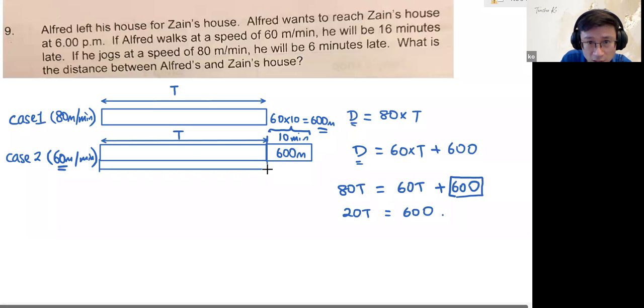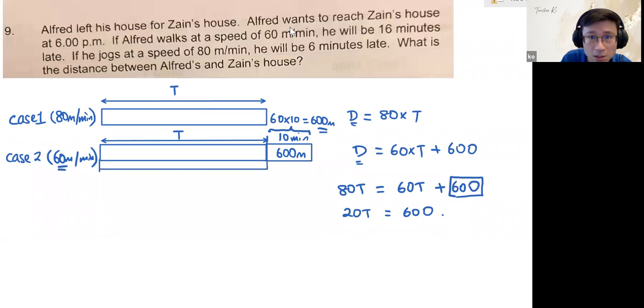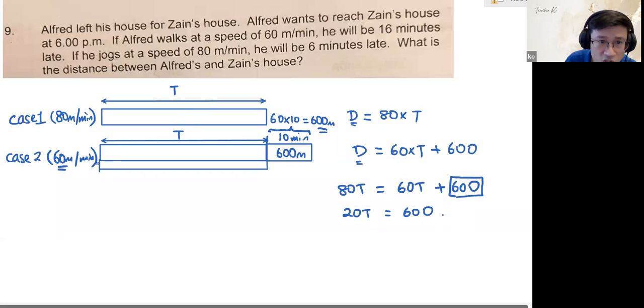I'm going to just draw this. If I travel an additional 20 meters per minute, you cover this 600 meters.